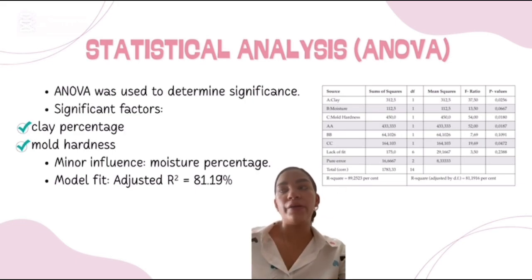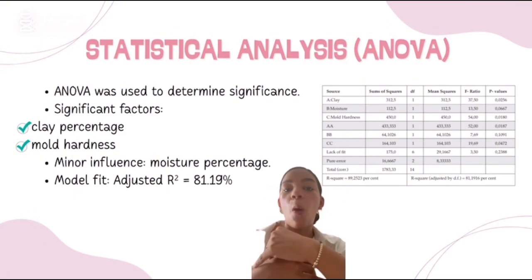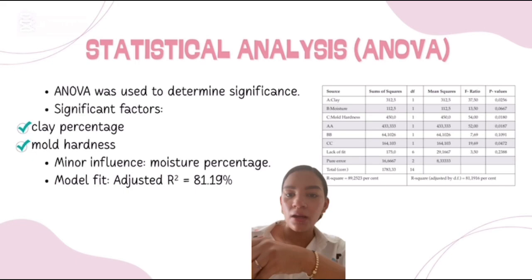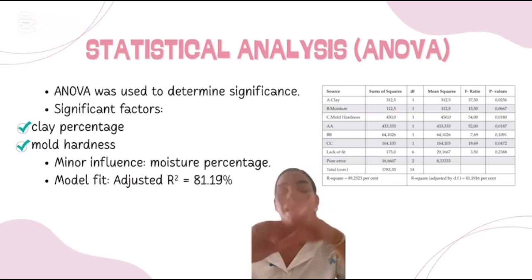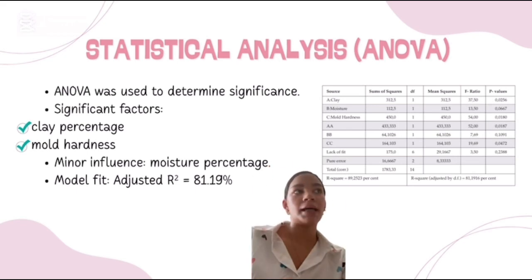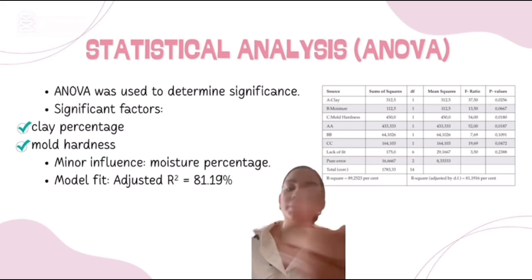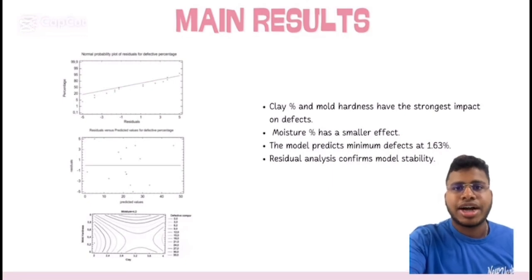The ANOVA also revealed the interaction associated with clay and mold hardness. This significantly confirmed that the relationship between these variables and the percentage of defects was not linear. Next, we look at the main result of the optimization using response surface methodology.